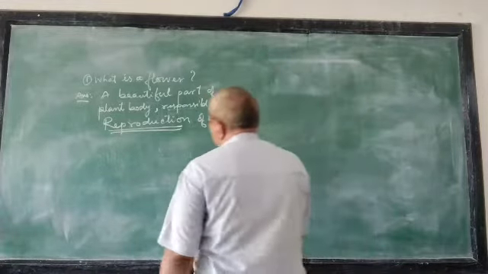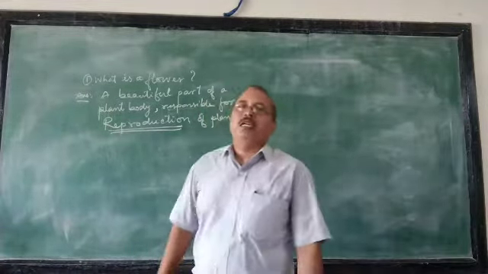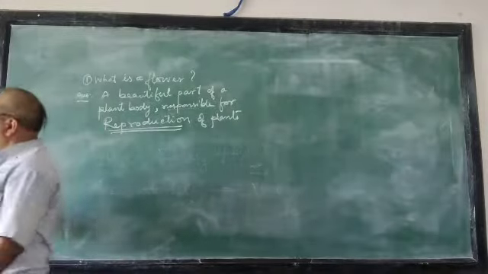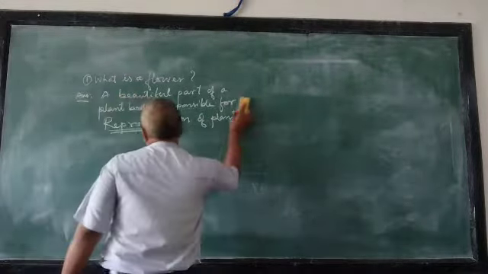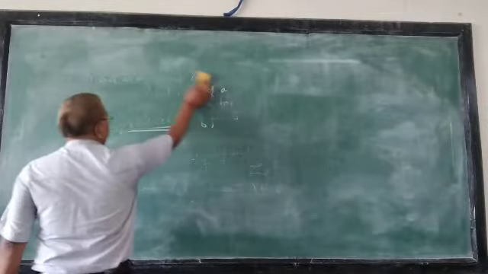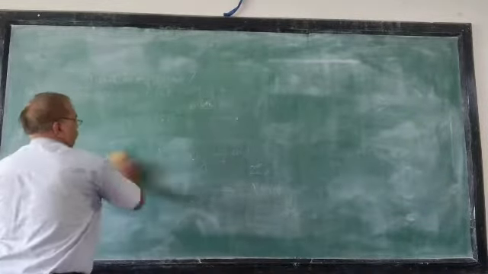So for the study in biology, what is a flower or the structure of a flower? All of you need to copy down this figure in your biology copy, right?